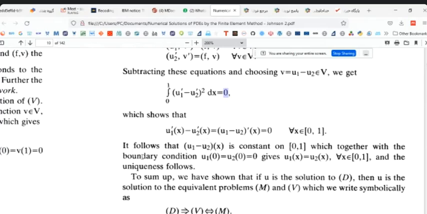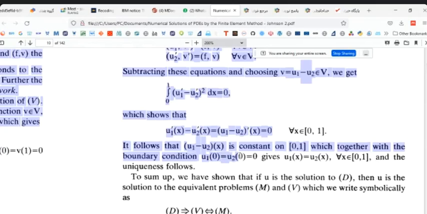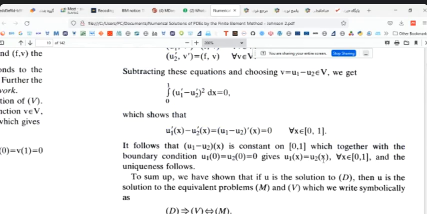It follows that U1 minus U2 is constant on 0, 1, because its derivative is 0, which together with the boundary condition U1 equals U2 at 0 gives that U1 equals U2 for all the points x in this interval, and the uniqueness consequently follows.